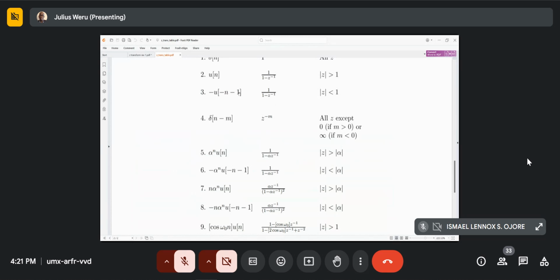This one here, where A is 0.5. So it means 0.5 to the power of n, because alpha here is 0.5.